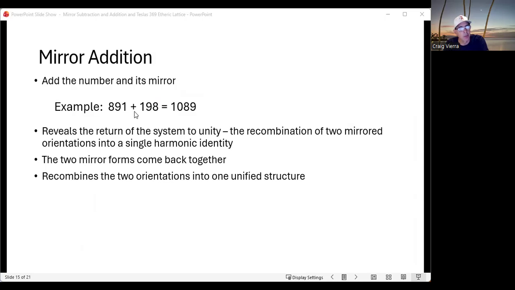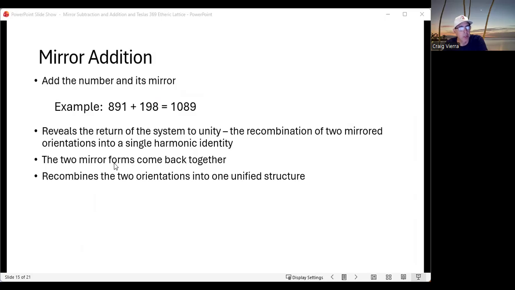If you add its mere, you get 198, or 1089. So what does mere addition mean? It reveals the return of the system to unity, where you have the recombination, recombining 2 mirrored orientations into a single harmonic identity.